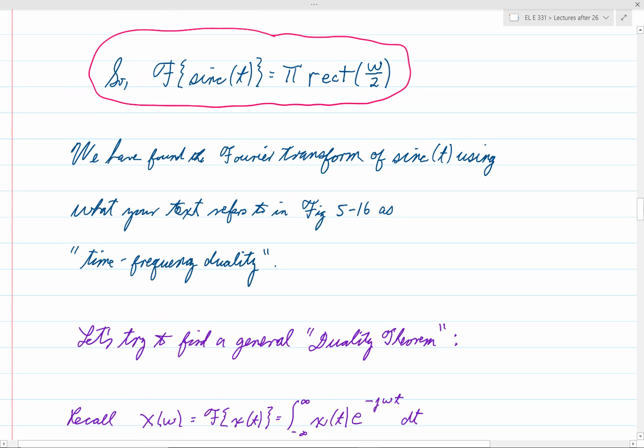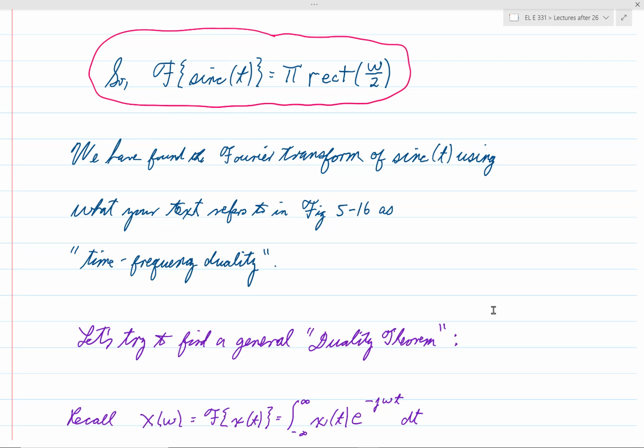Now, if you look in some books about Fourier transforms, you'll see something called the duality theorem. And I personally like the duality theorem. It makes what we just did a lot simpler, and it is applicable to many cases.